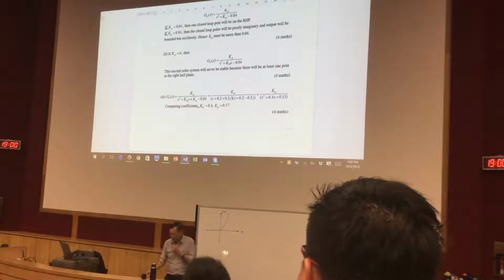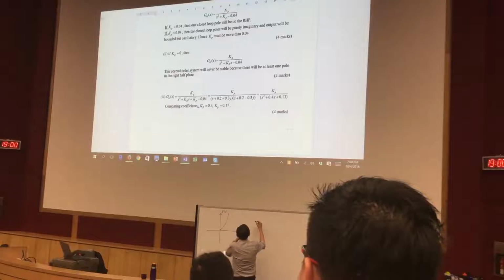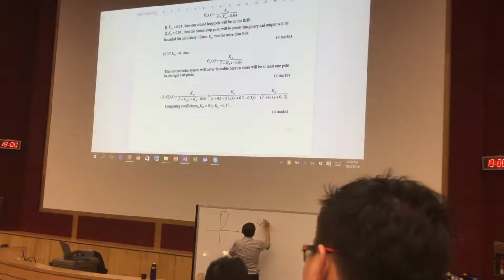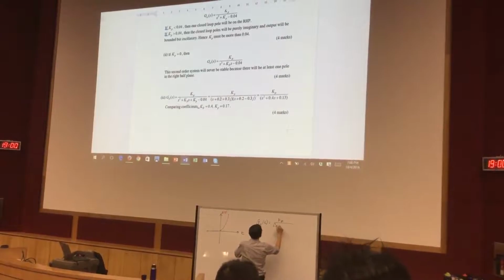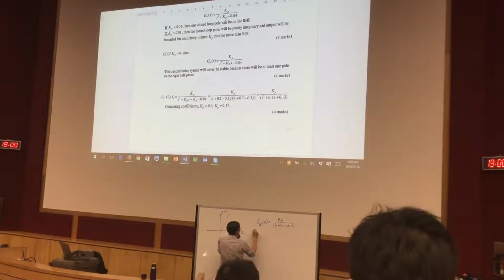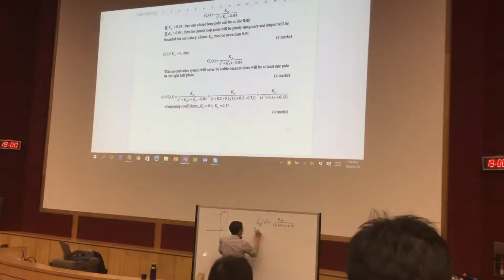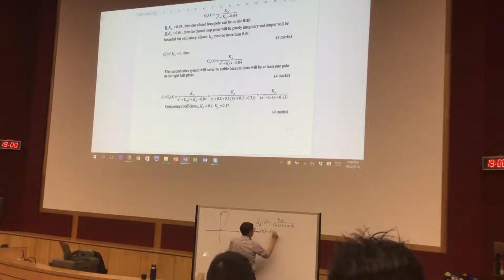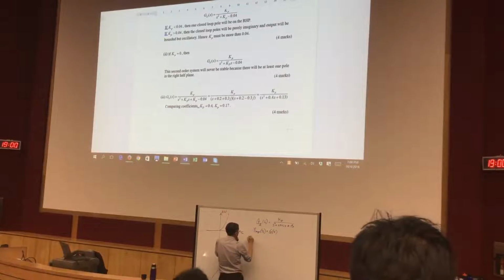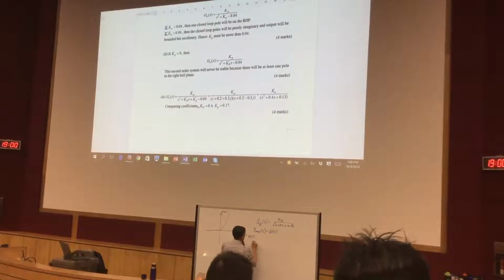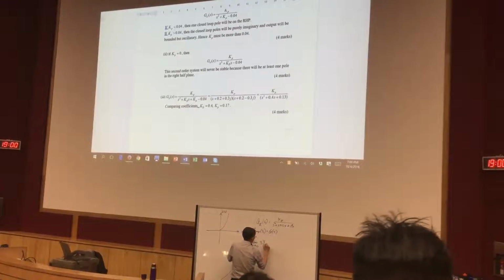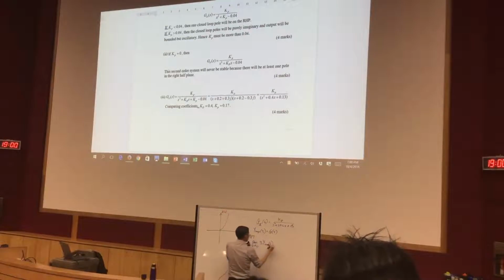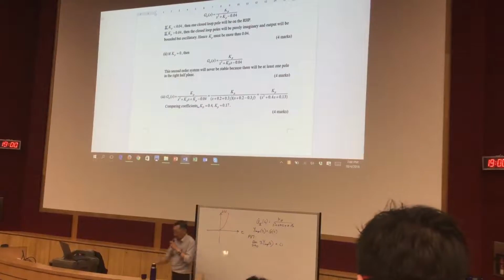Because your G(s) is this guy. So impulse, substitute, you get 0.